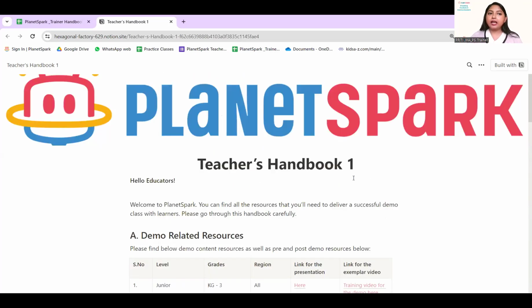The same link has been embedded on your dashboard. When you open your dashboard, you will see on the right-hand side top corner there are 3 links. I think one is help, one is demo resources, one is mock resources. Demo resources, mock resources, both are same. You can open it and check.